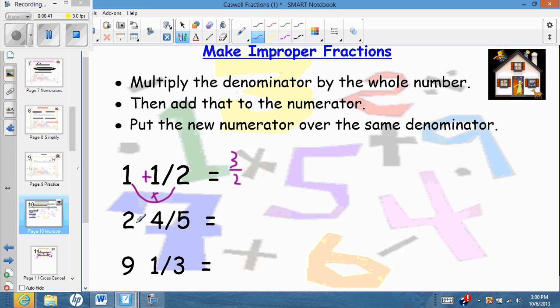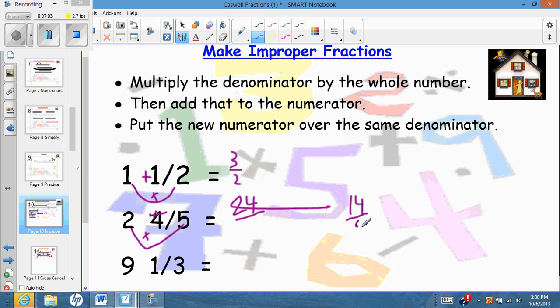Okay, the next one, 2 times 5, which is 10 plus 4, and that gives me 14 over 5.